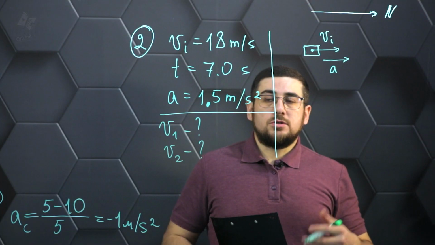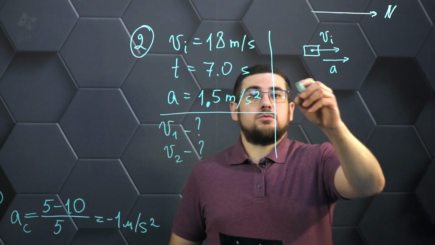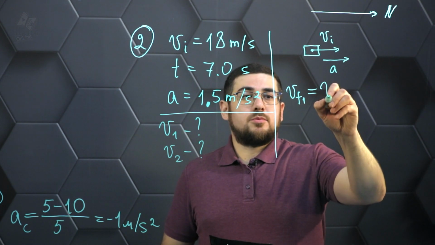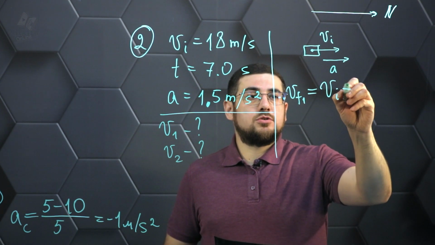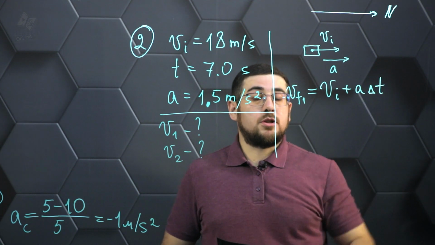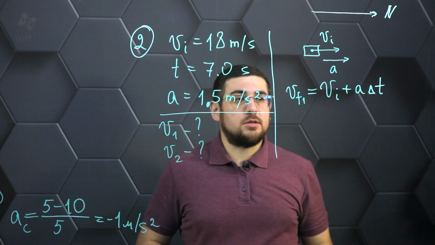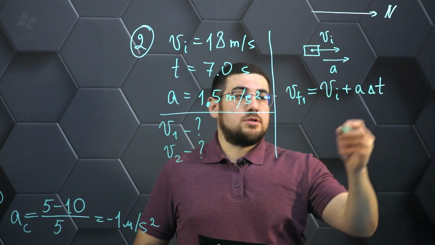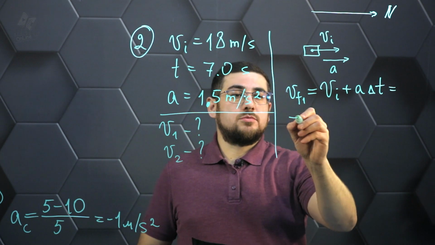In other words, the motion involves a continuous increase in velocity. And thus, the final velocity of the body in this case we can define as the sum of the initial velocity and the magnitude of its increase, that is, the product of acceleration and time. Well, in this case, delta t is these 7 seconds of motion, so we can immediately put in the value.